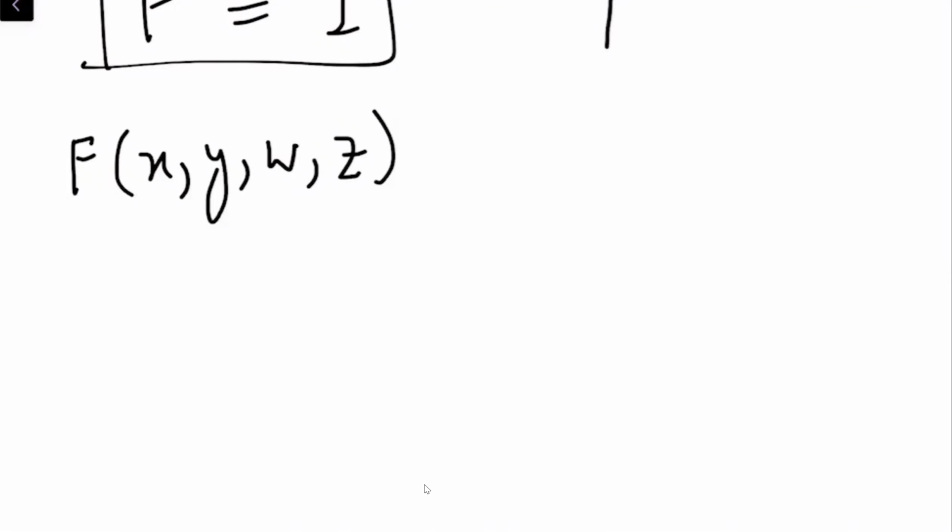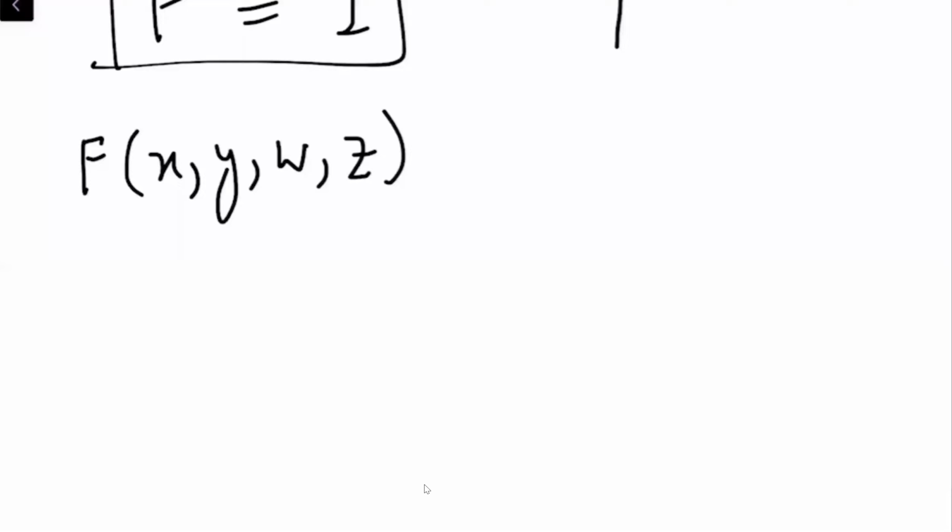I will write it the way it is because it will be much simpler for you: w, x, y, and z, four variables. This means a total of 16 combinations we can have from the four variables.